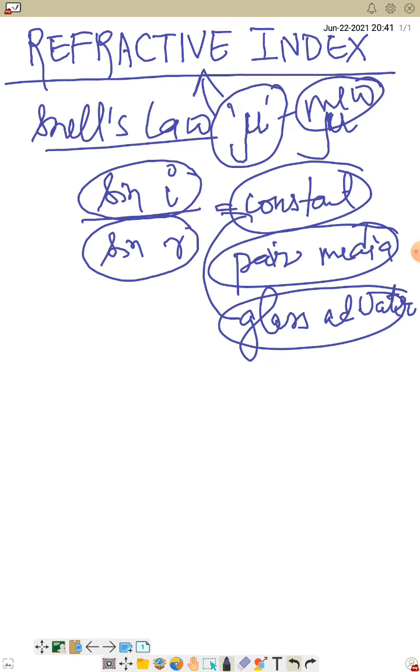Now why? Because see, if this board here, this page is the medium, so here if I see a ray of light, it travels without any change in direction because there is no change in the medium.